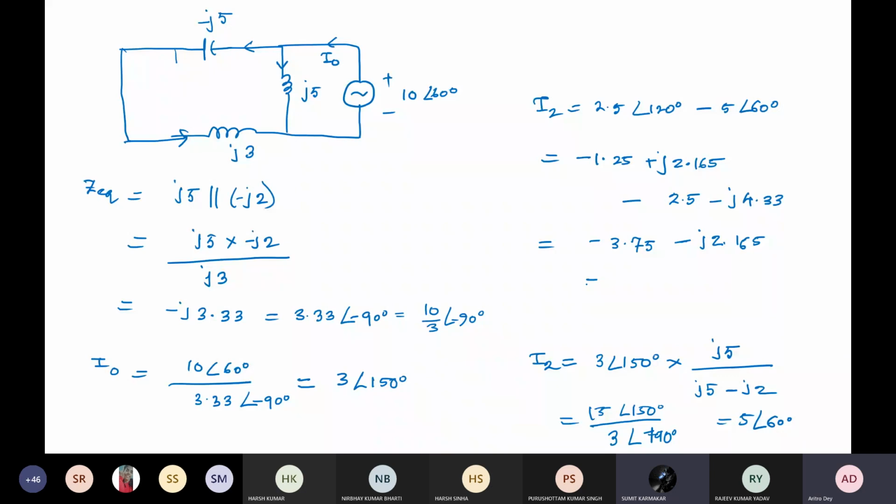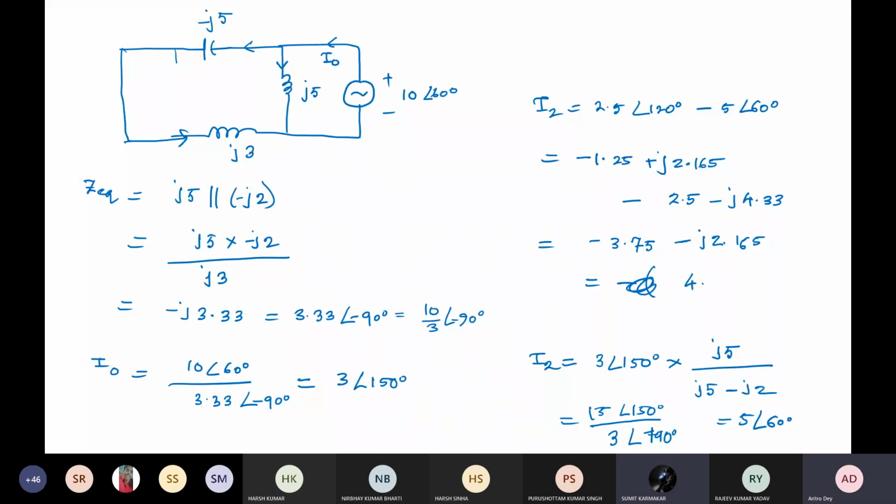Okay. So the whole thing you can write as, shift, again you change from Cartesian to polar. This is equal to, you can take minus common, then you can take 3.75, or you can take directly minus 3.75 comma minus 2.165.